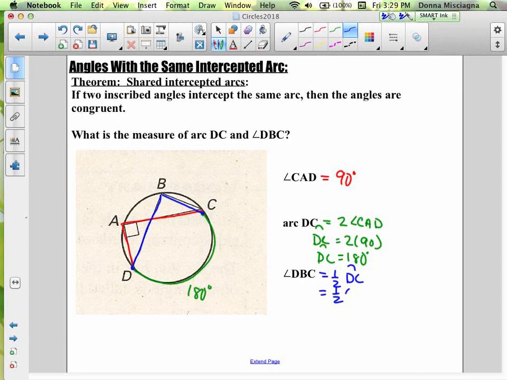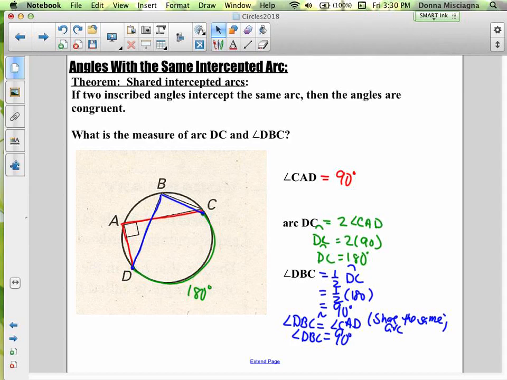So that's 1/2 of 180, or 90 degrees. Or we could think of it as angle DBC is congruent to angle CAD because they share the same arc. So angle DBC is 90 degrees. Put that in your notes so you can see the different ways to solve.